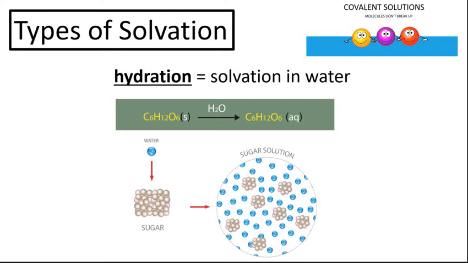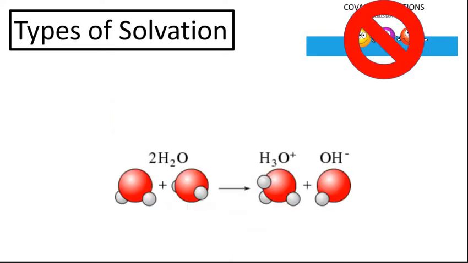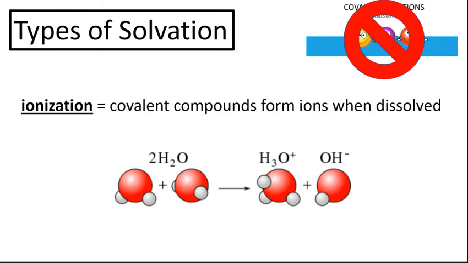Now, there is an exception to this. It does not happen very often. But basically what happens is you have something called ionization. This is more rare. Ionization, although you would think it deals with ionic things, don't let the name fool you.